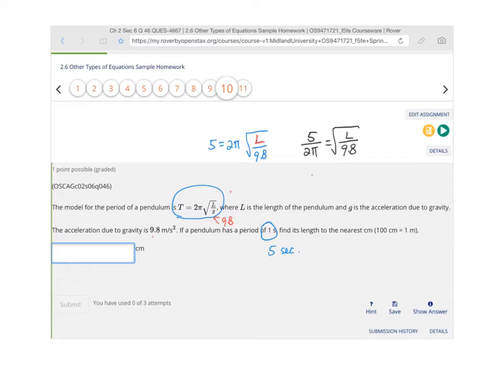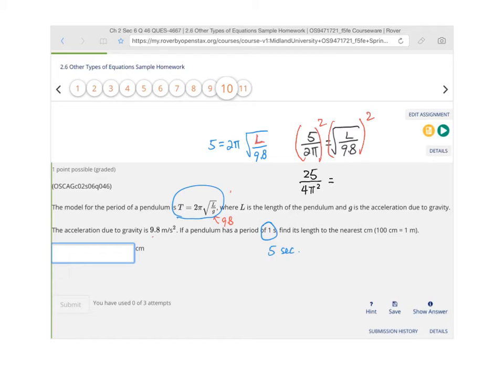So the next step is to square both sides. Once we square both sides, the left side I have 5 squared, which is 25, over 2 pi squared, which means 4 times pi squared.